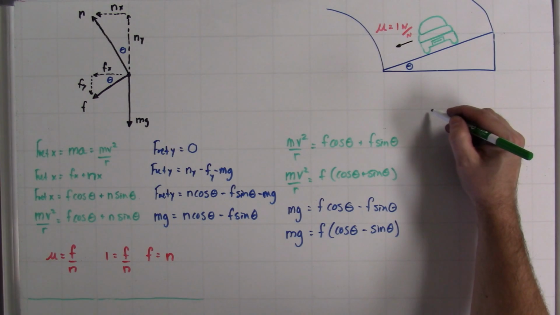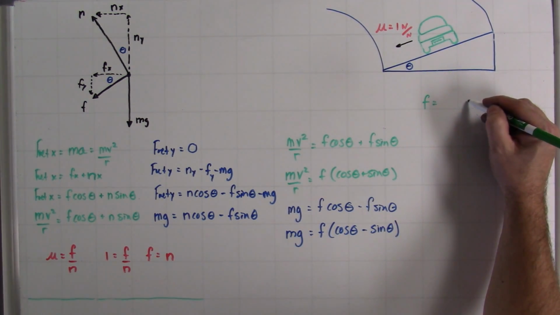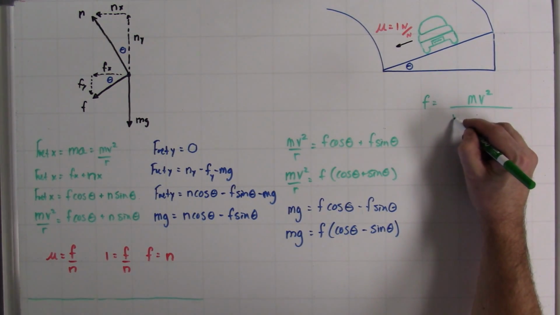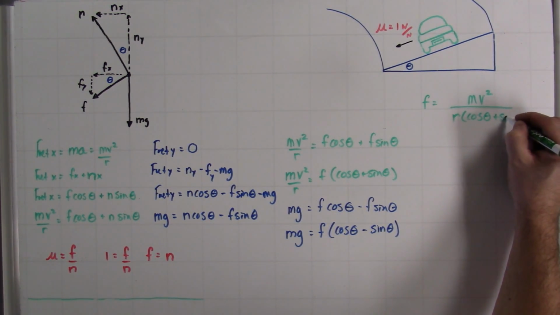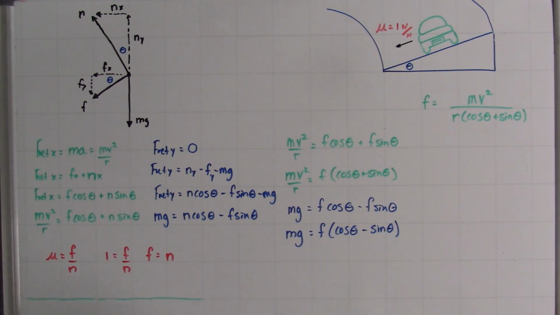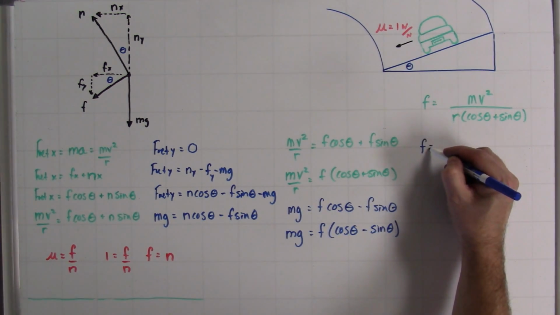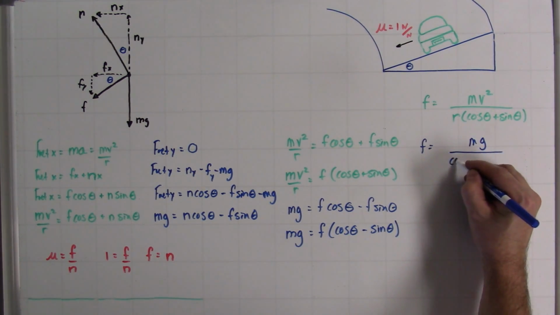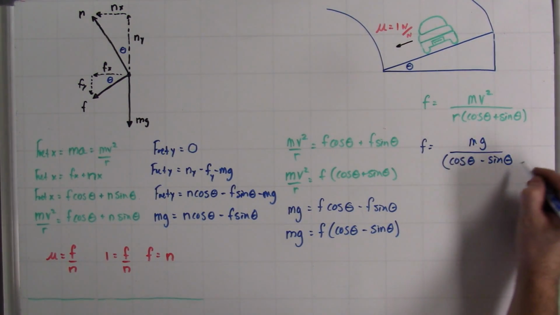So this f here is equal to mv squared all over r times cosine theta plus sine theta. This f here is equal to mg divided by cosine theta minus sine theta.